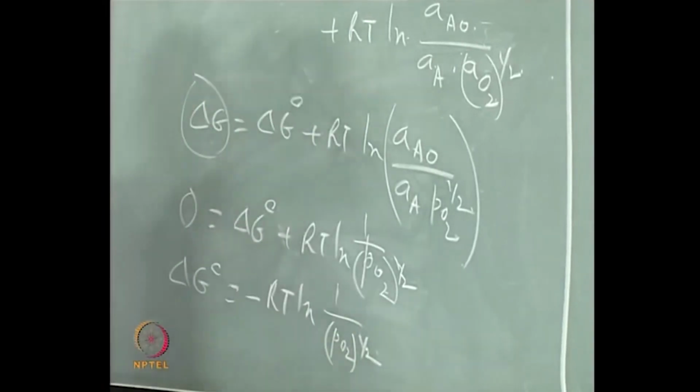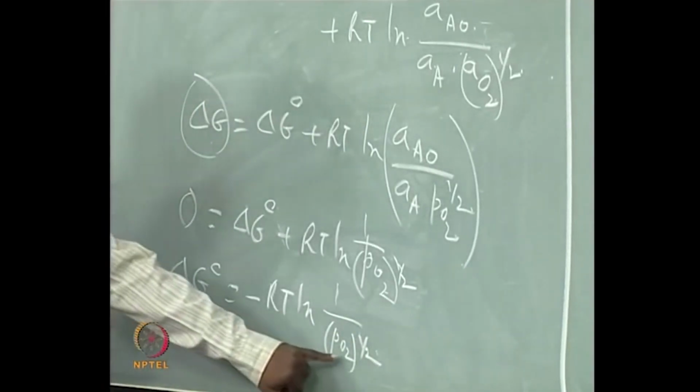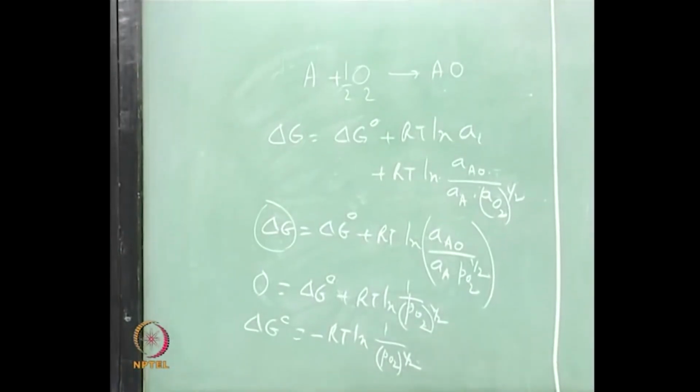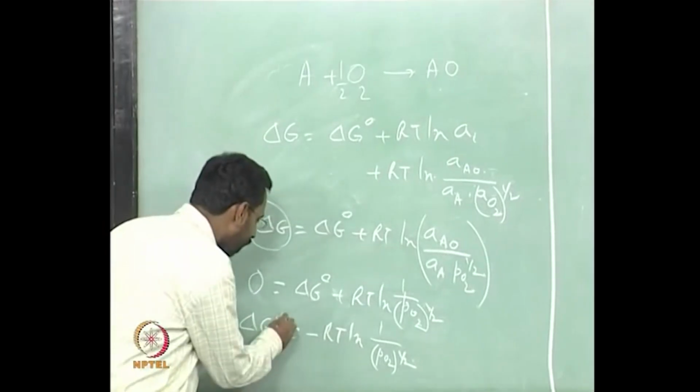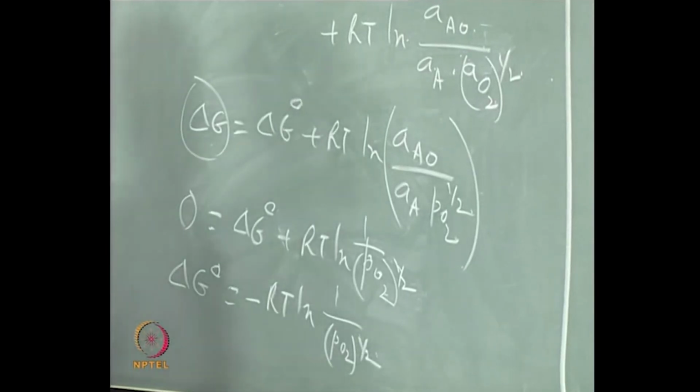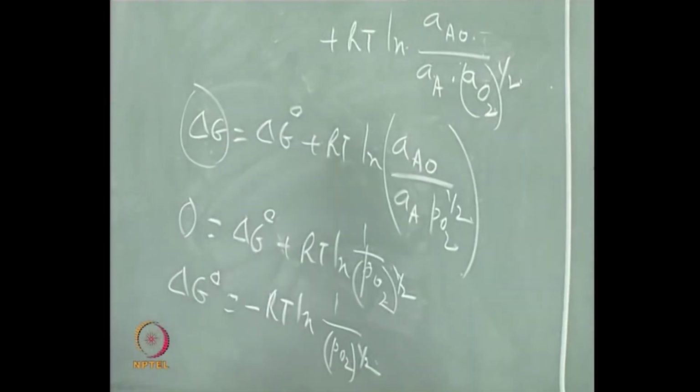So, if I know the partial pressure of oxygen during the reaction, I can find out the delta G of the reaction, if I do not know the delta G of the reaction by some means. Or I can find out the delta G by, let us say, doing a DSC.